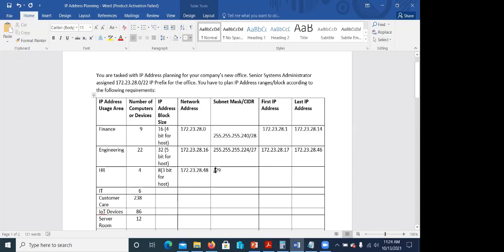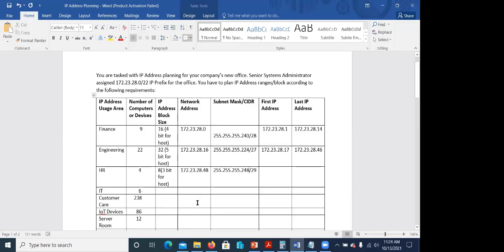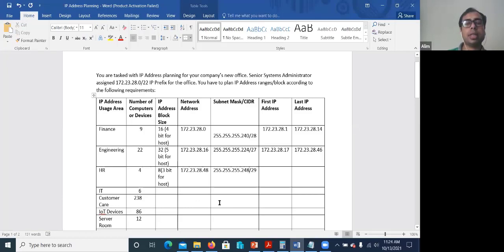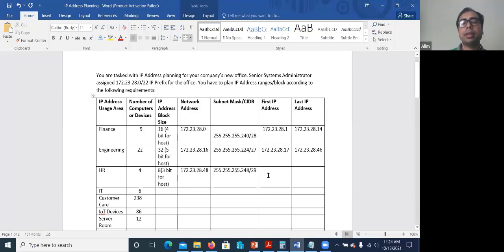For 29, what will be the subnet mask? 248. Yes, sir. 248. Okay, just 256 minus 8. We can calculate without considering binary.